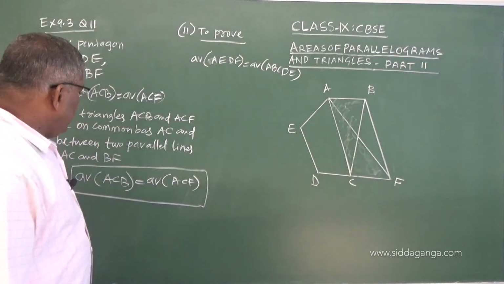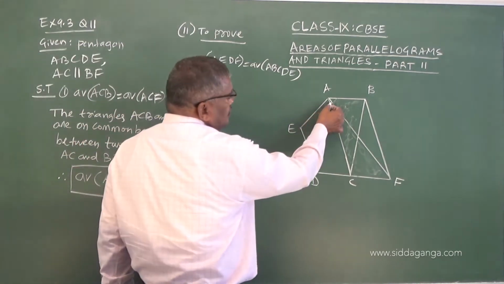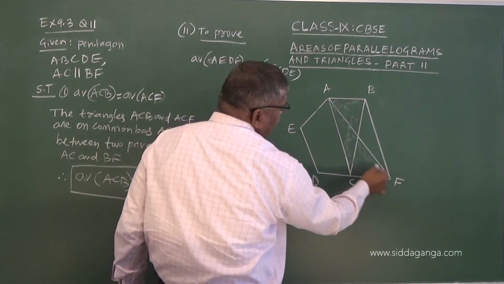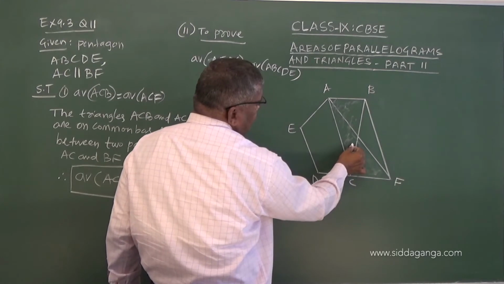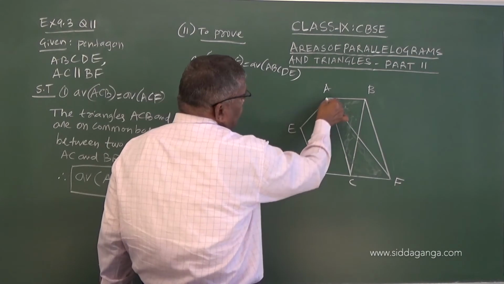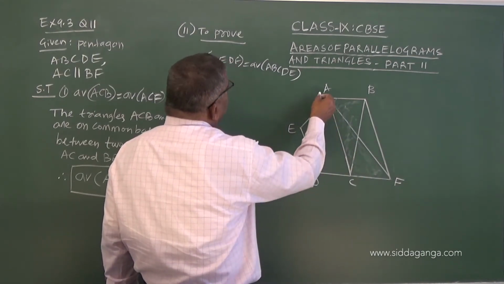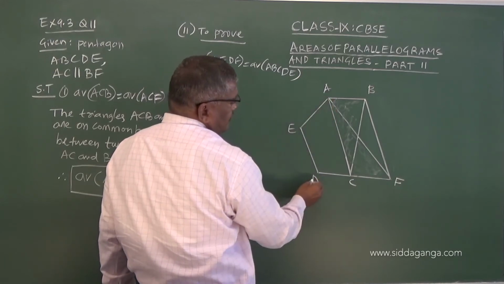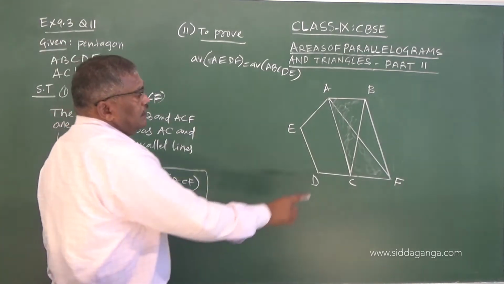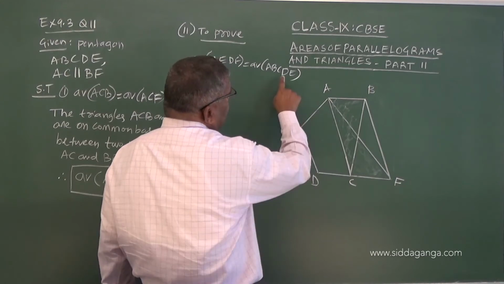Now, see, only thing, we have the earlier result. You observe here, this triangle we have ACF. To this ACF, if you add this ACDE, this becomes AEDF. You can observe. So similarly, if you add to the other triangle this area, it becomes the second one.